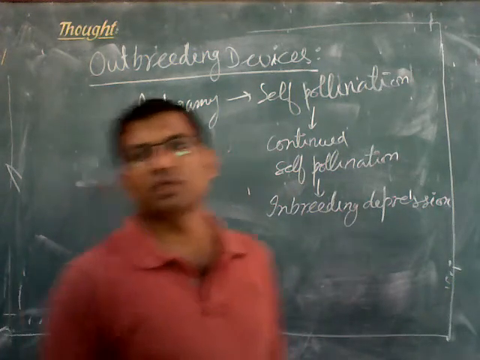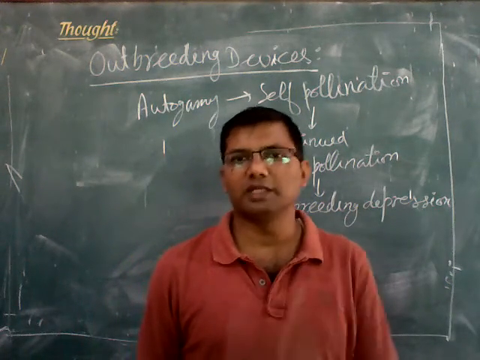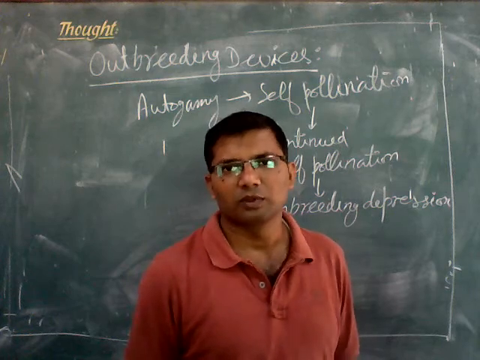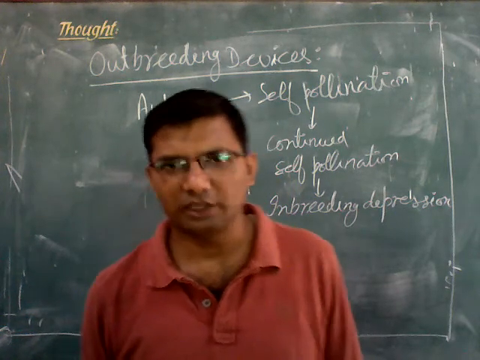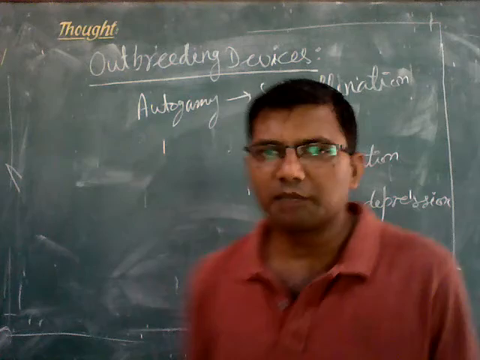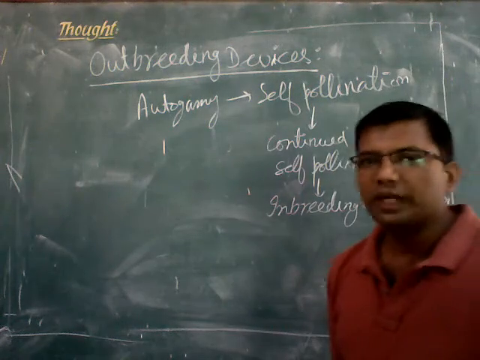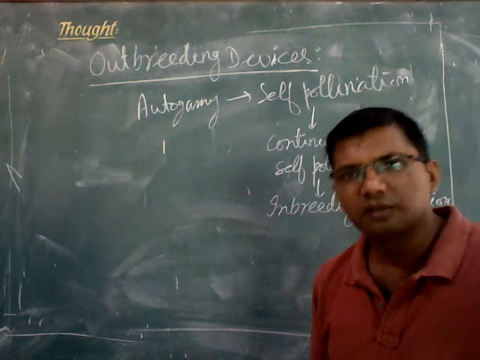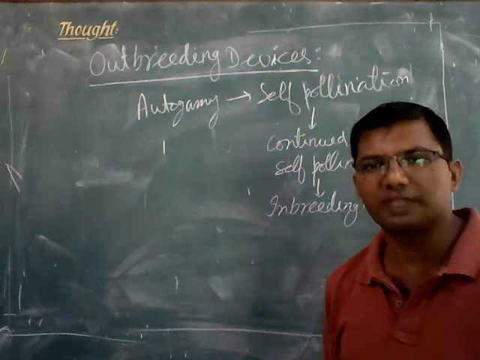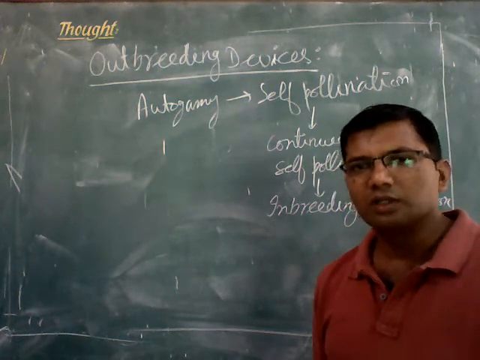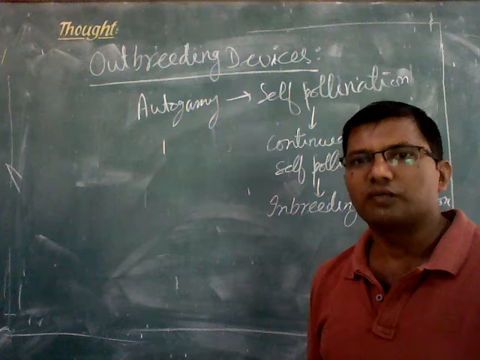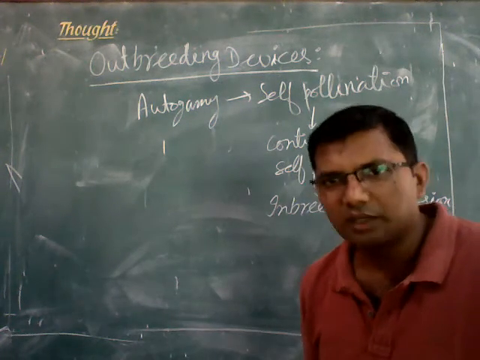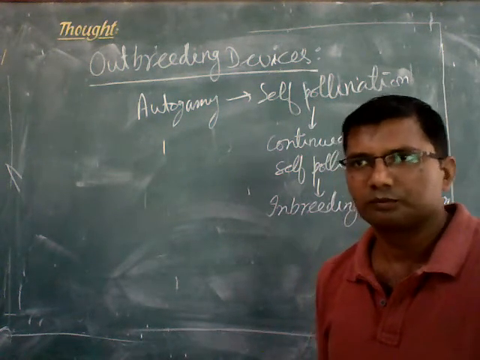So continued self-pollination will lead to inbreeding depression. What is inbreeding depression? I think you all know. Inbreeding depression is a process where, because of the self-pollination or because of the self-fertilization, the yield of the crop or the vigor of the plant is reduced.